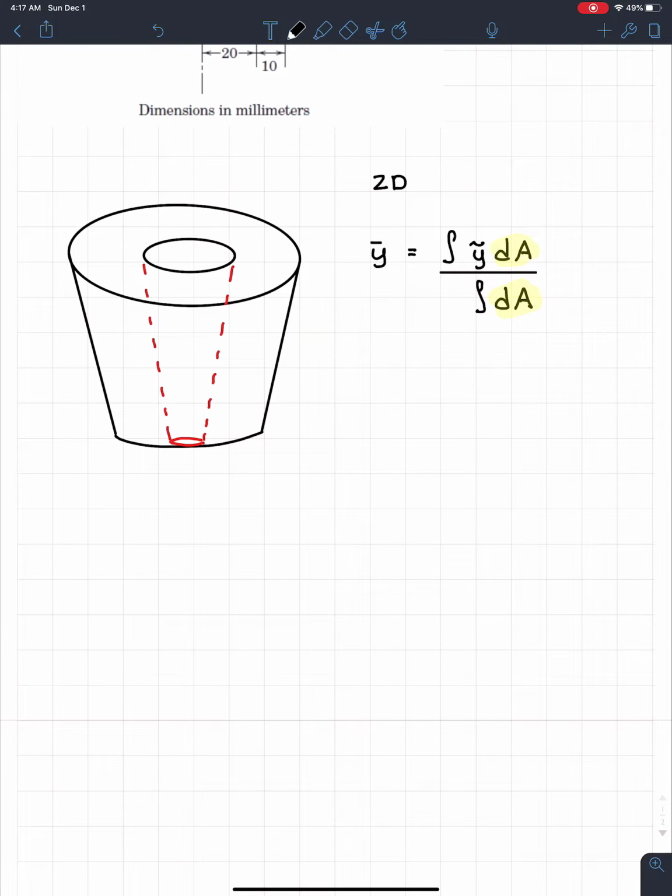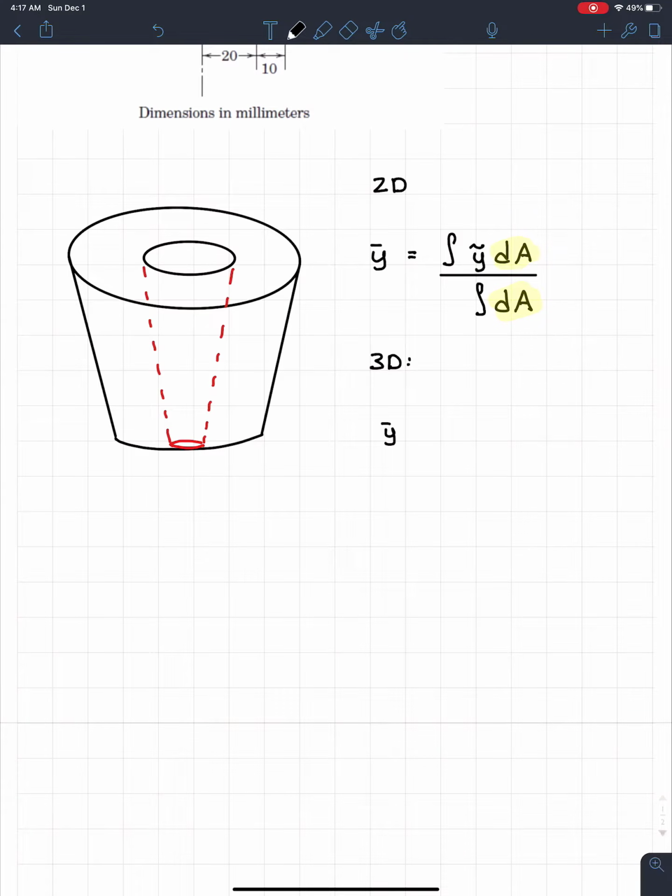However, for 3D, which is what we have here, the integral changes a little bit. y bar is equal to the integral of y squiggle, so that first part doesn't change at all, except instead of dA, since we're in 3D, we have a dV. This time, it means the volume of our slice, so the integral of dV at the bottom.